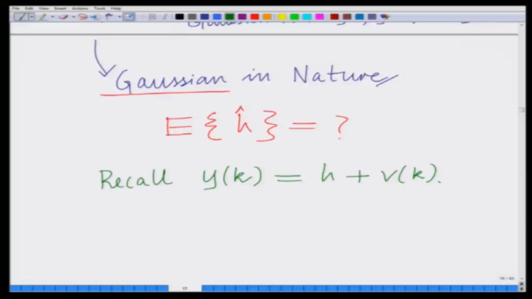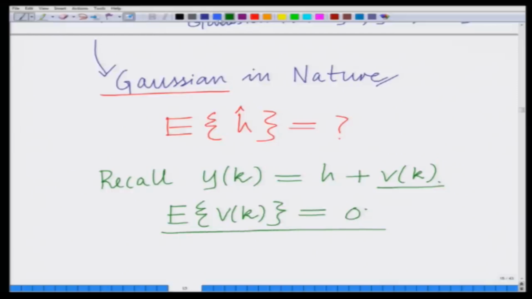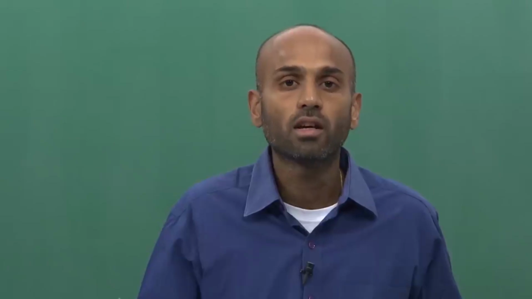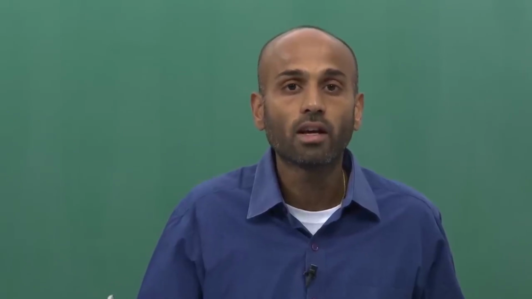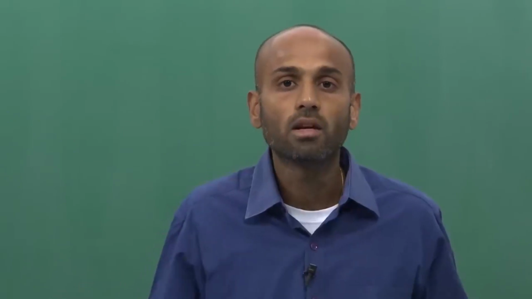And further, remember we assumed the noise to be zero mean, that is, for each Vk we have expected value of Vk is 0. This is because the noise is zero mean, alright. So, we are going to use this property. Remember, in each noisy observation yk, the noise Vk has mean 0. Now, let us look at h hat.